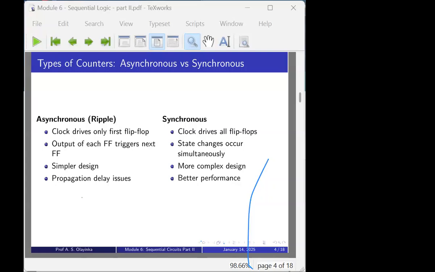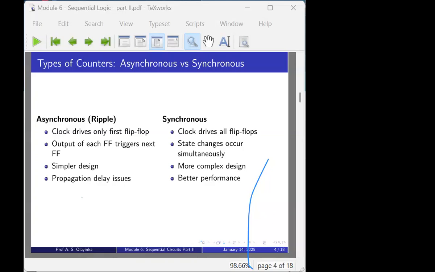Remember, when you are designing a counter, you may have as many flip-flops as possible that will go into your circuit diagram. In asynchronous, it's only the first flip-flop that gets access to the clock signal that will trigger it. Once it triggers through the clock, the output of that one will trigger the next flip-flop in the system.